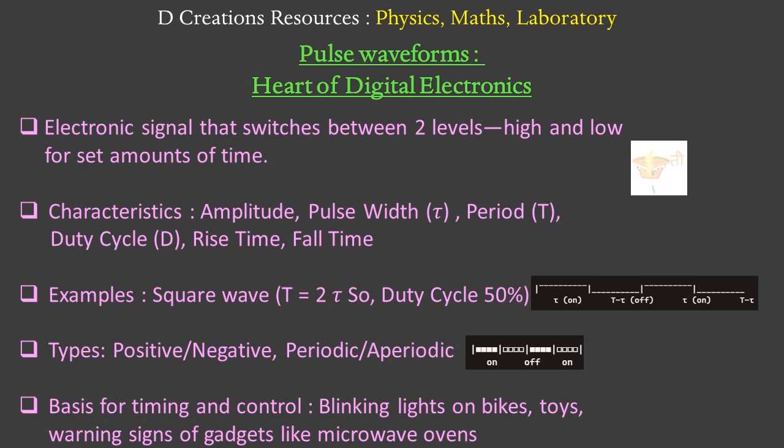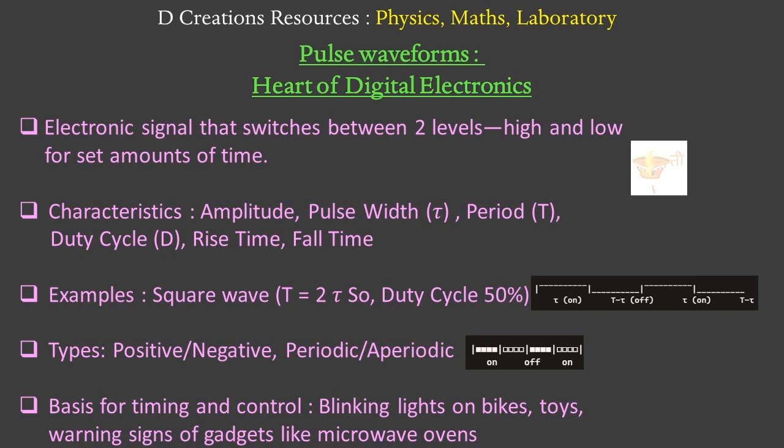So when you say duty cycle is the fraction of the period that the pulse is high, it is going to be given by pulse width divided by period, times 100% when you are talking about percentage. So you can say duty cycle D is equal to pulse width tau times 100 divided by period T.